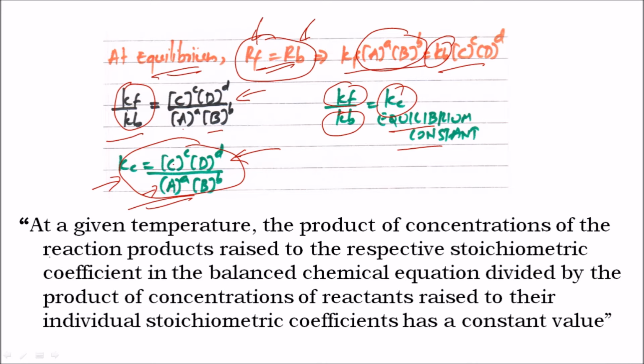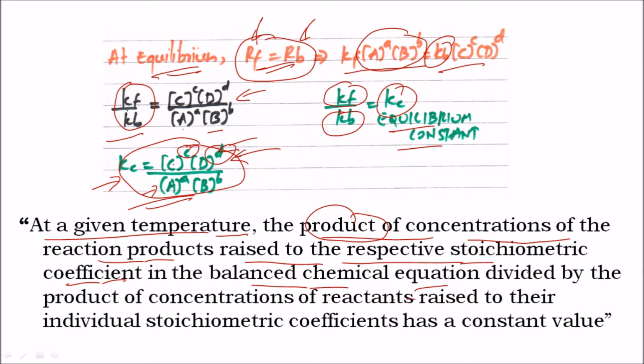So the statement: at a given temperature, the product of concentrations of the reaction products, in the numerator, raised to the respective stoichiometric coefficients, this is important, you can see we got small c and small d, which indicate the stoichiometric coefficients in a balanced chemical equation, divided by the product of concentrations of the reactants raised to their individual stoichiometric coefficients, has a constant value.